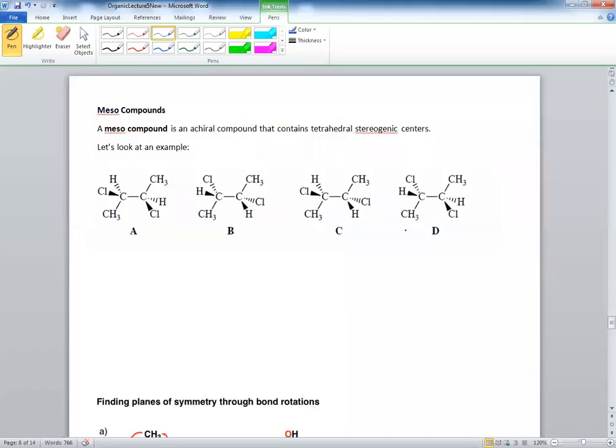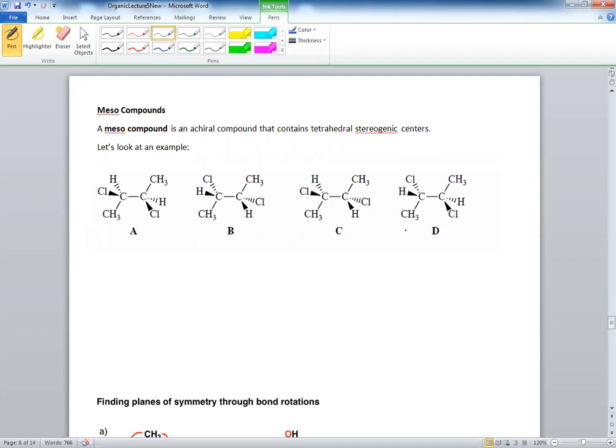When it comes to meso compounds, these occur because one of the stereoisomers that you get has a plane of symmetry. That's the whole point. So a meso compound is an achiral compound that still contains tetrahedral stereogenic centers.